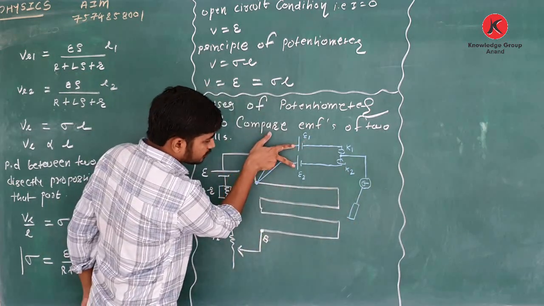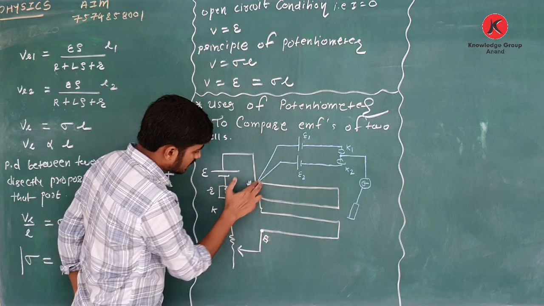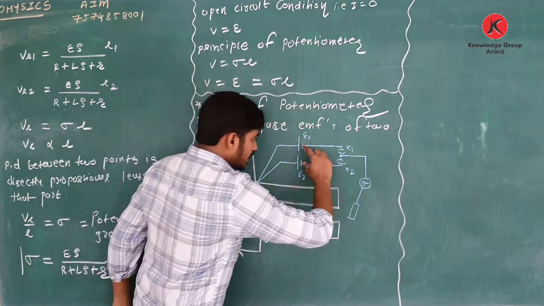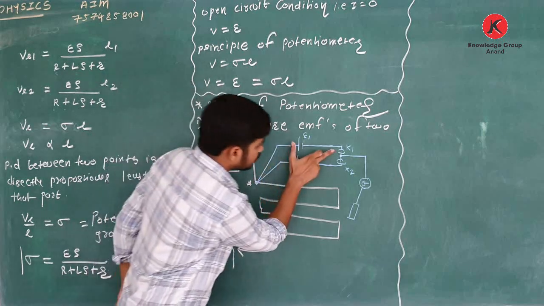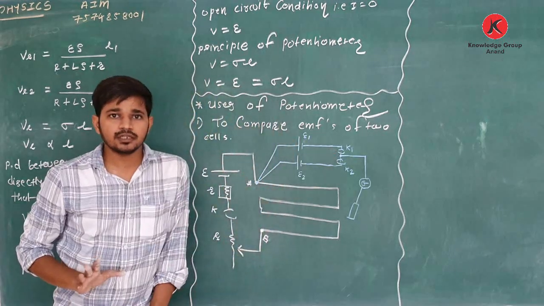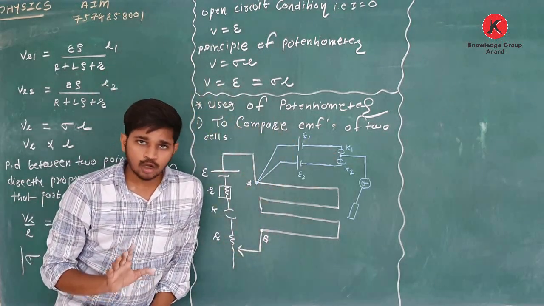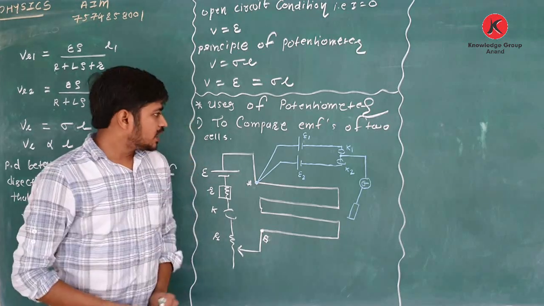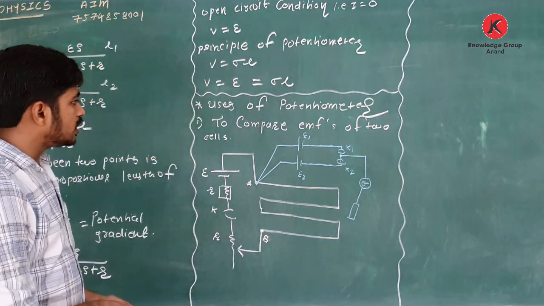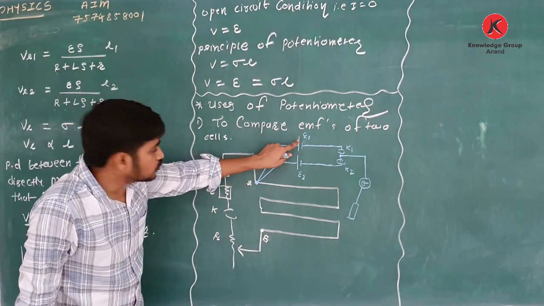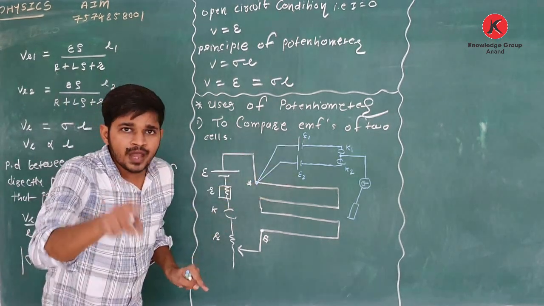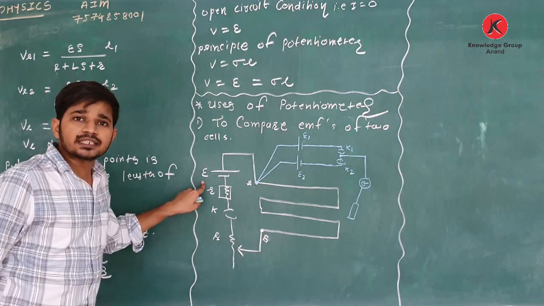The two positive terminals of the cells are connected with point A. The two negative terminals are connected with the galvanometer and jockey, but with keys in place. Clear about this circuit? Now, you have to remember one important point about this. If you want to compare these two EMFs E1 and E2, then it is called the driver cell.